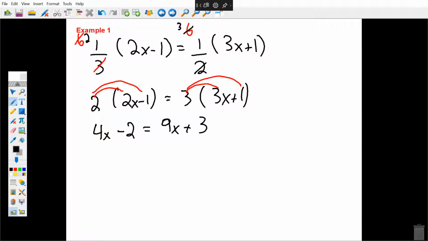At this point, we have to get all of our variables onto the same side. Whether you gather your variables all on the left side or all on the right side is up to you. I traditionally like to gather them on the left side, but again, there's no wrong answer here. So I have to move this 9x. This is positive 9x.